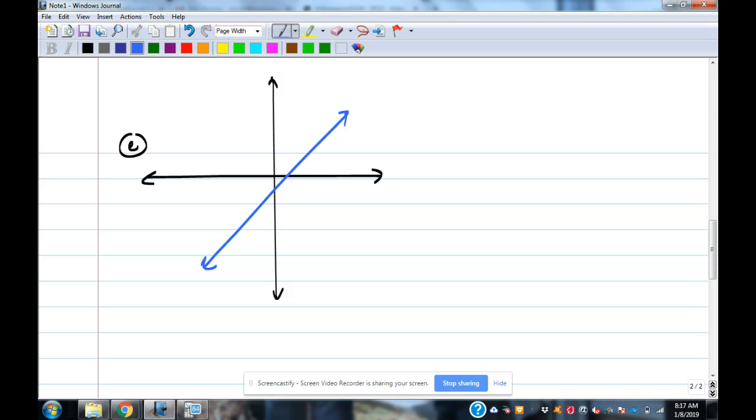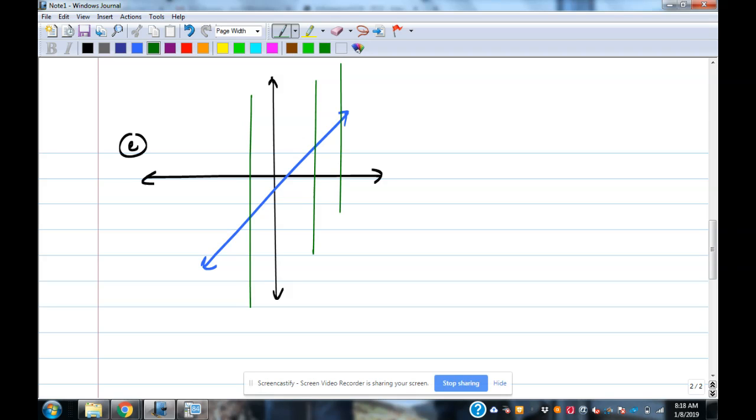The vertical line test, absolutely. If we take a vertical line and place it anywhere on that graph, I'm placing several here to simulate taking a vertical line and going all the way across that. What are the rules for the vertical line test? It can't cross the line twice. If it does, what's that mean?